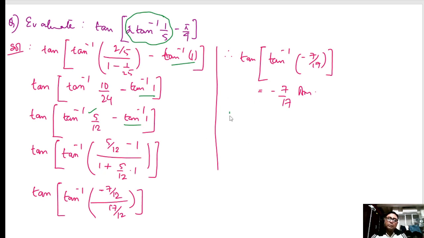We are using the formula tan inverse a minus tan inverse b. So we are solving this and we are getting this. So this is our answer.